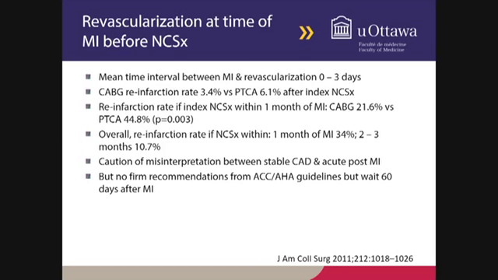When the patients have an acute MI, and then they go on to have either a PCI or some sort of angioplasty stent versus a CABG, and then they come for surgery, a non-cardiac surgery, if it is done within a month, the risk is much higher. And compared between PCI versus CABG, CABG is actually much better in terms of reinfarction.